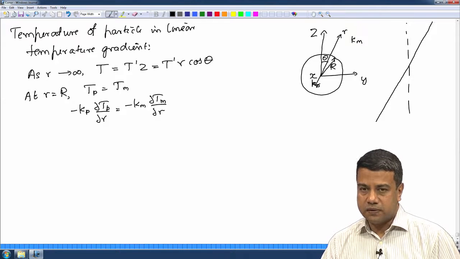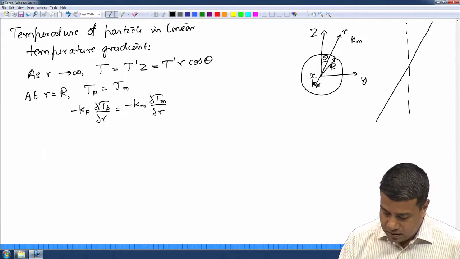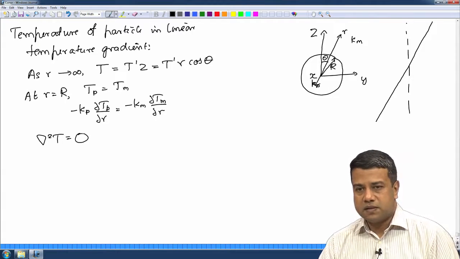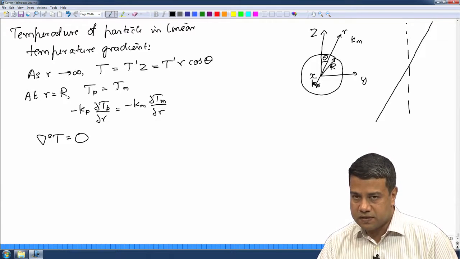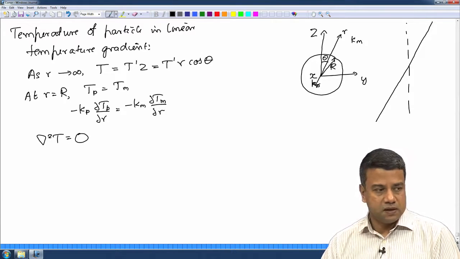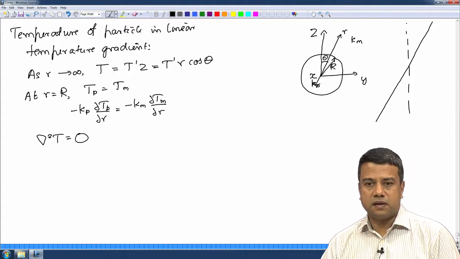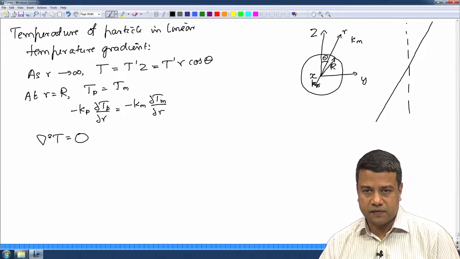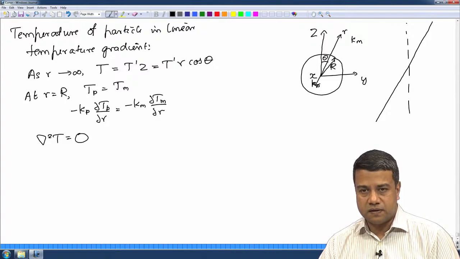What is the conservation equation? Del square T is equal to 0. In this particular configuration, we can simplify the problem. The temperature does vary with the theta coordinate. This is not like our heated sphere in a matrix at constant temperature at infinity, where the temperature was only a function of r.